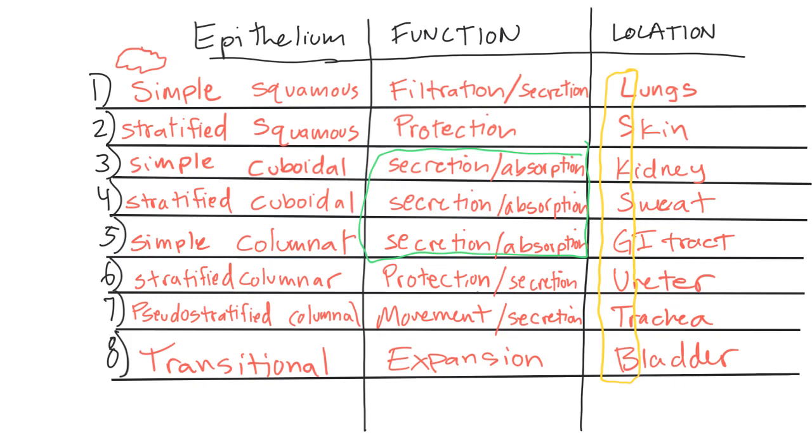Okay, so that works for this class. You know, this isn't going to get you by in med school or anything, because you're going to have to know all the different locations. And towards the end of A&P too, once we get through everything, you'll notice, all right, these tissues are in this location because of its function, which coordinates with its shape. But these will get you started, right? So these will get you thinking about those locations, what's going on in those locations, and why those epithelium are placed there to help with their function.